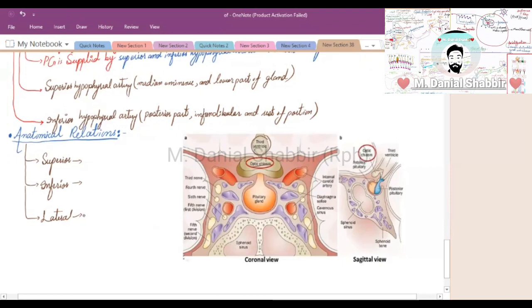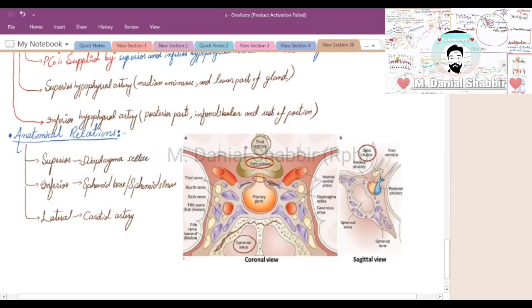Now come to the inferior side: this is the sphenoid bone, and this is the sphenoid sinus. Superiorly, this is the infundibulum, and this portion is called the diaphragma sellae.